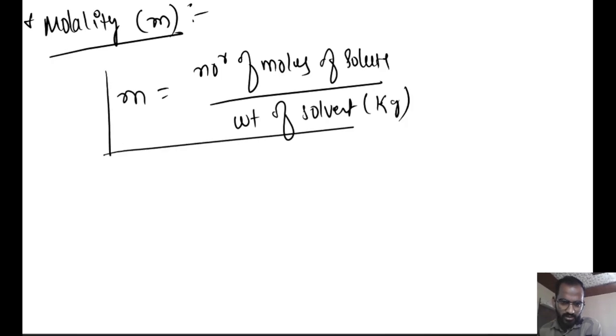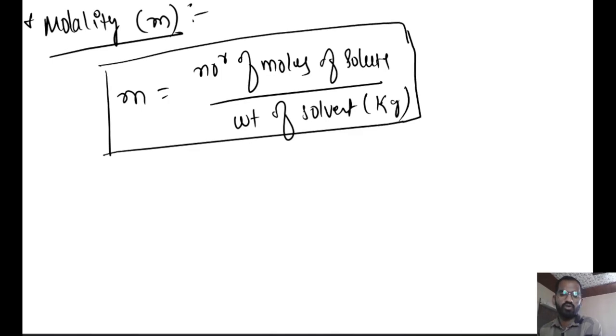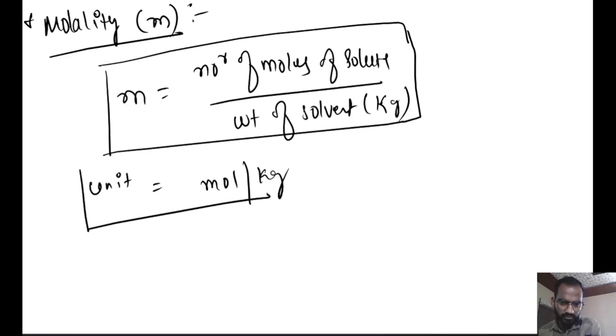So this is molality. What is the unit of molality? The unit of molality is mole per kg.